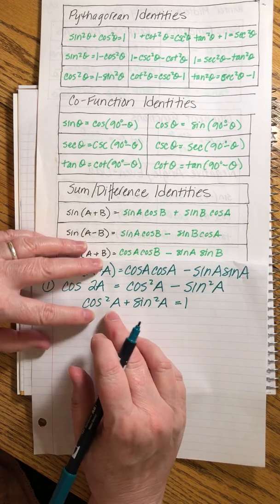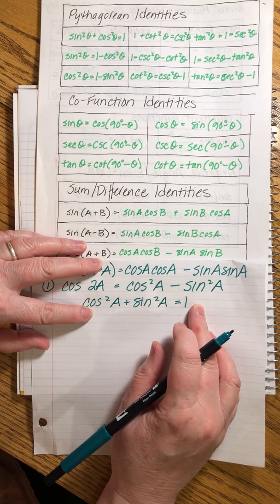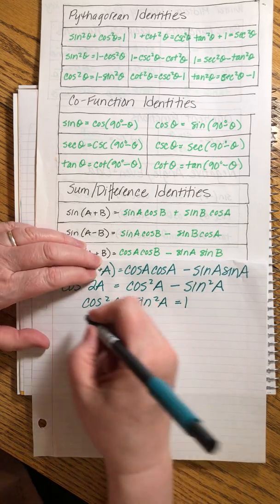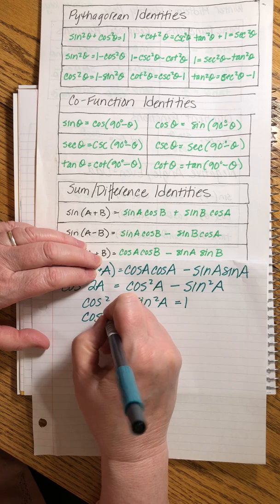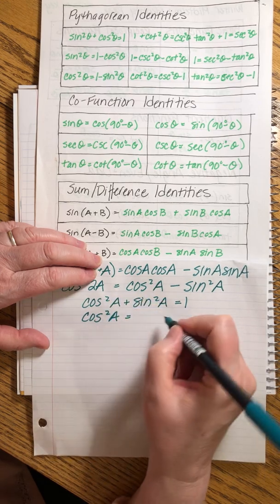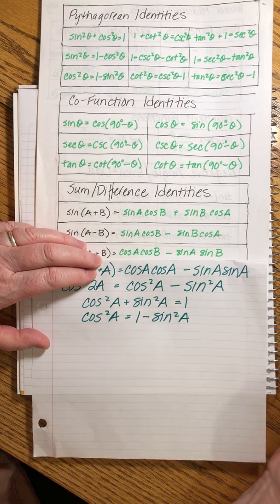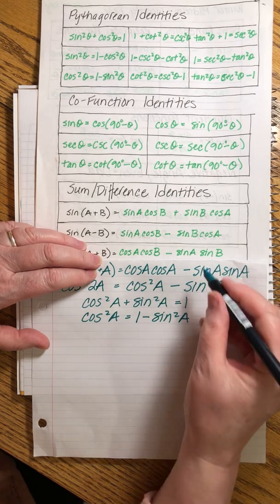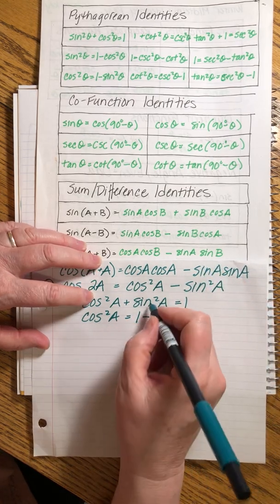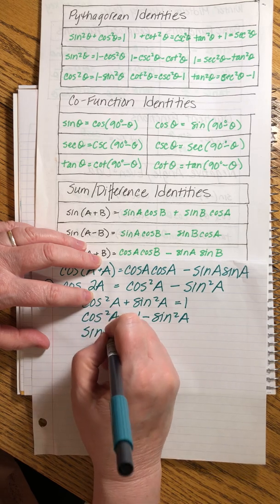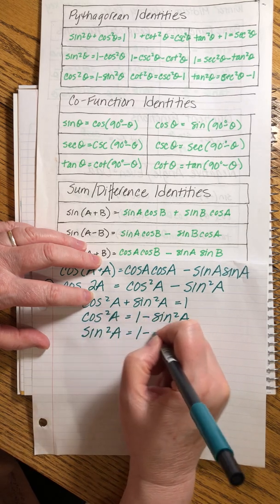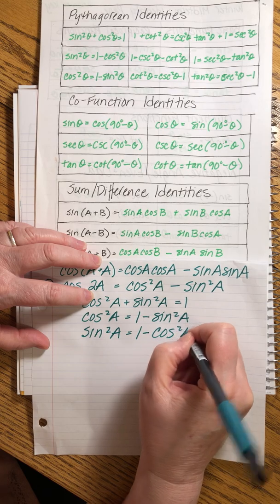So first, I'm going to subtract the sine squared a from 1, and it'll become cosine squared a equals 1 minus sine squared a. And then the third part of it, I'll do it the other way. I'll subtract the other one, right? I'll say sine squared a equals 1 minus cosine squared a.